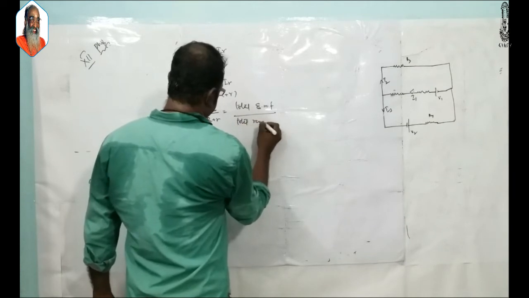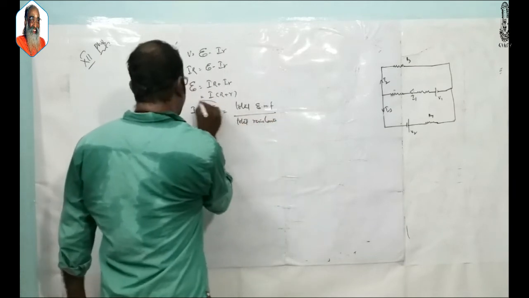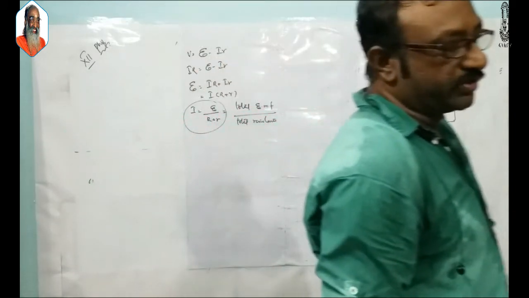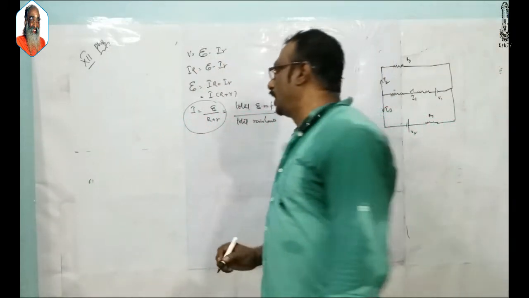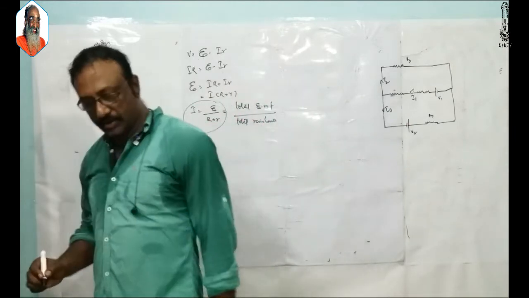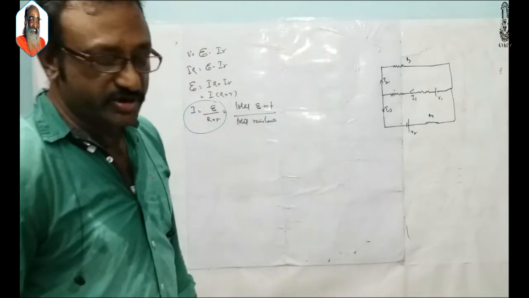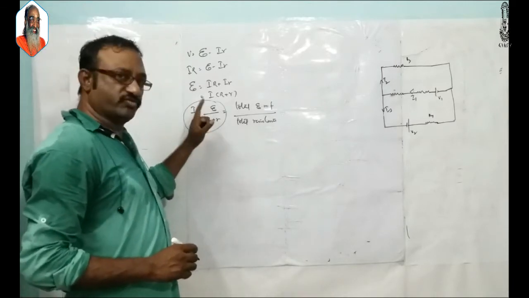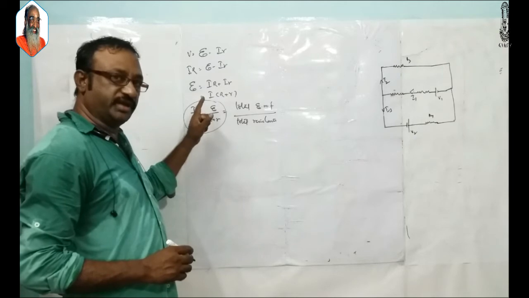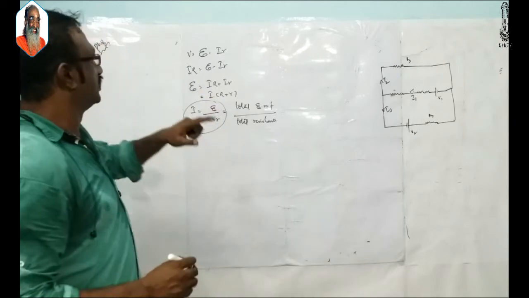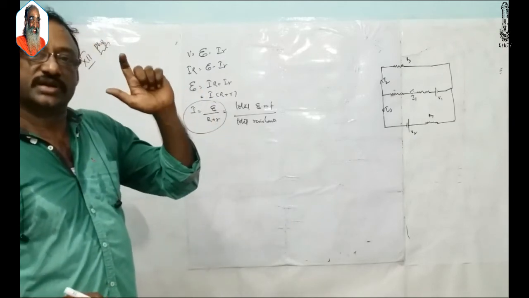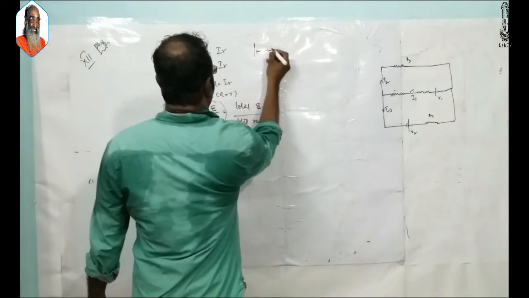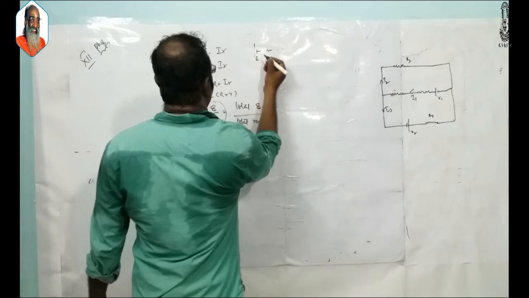You can use this in a circuit if you have a battery with internal resistance r and EMF E. The current in the circuit, if it is connected to external resistance capital R, is the same situation. This is the battery with EMF E and this is internal resistance r.